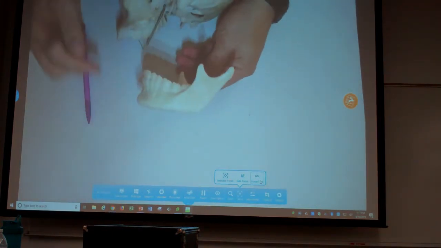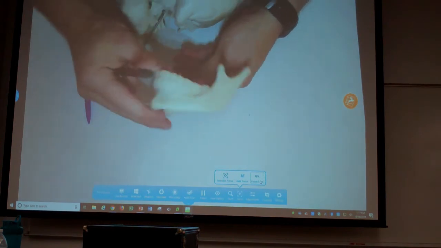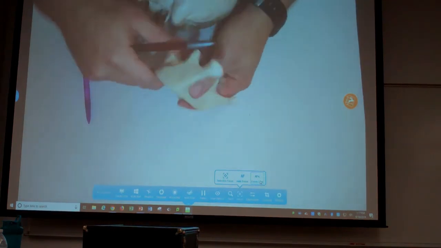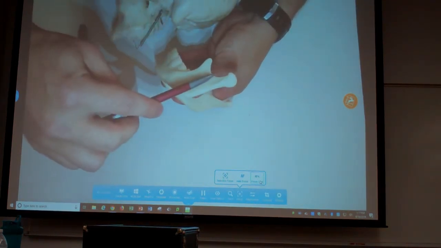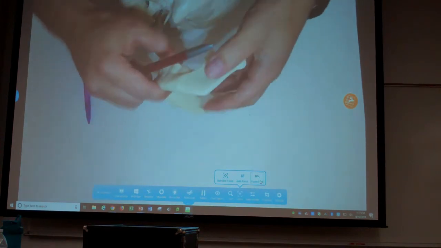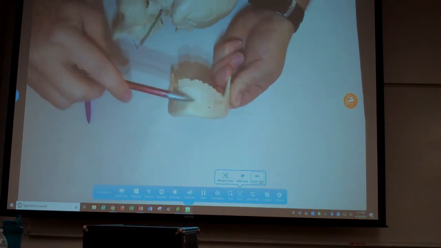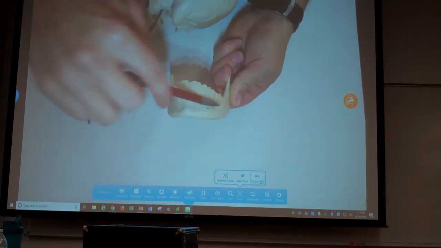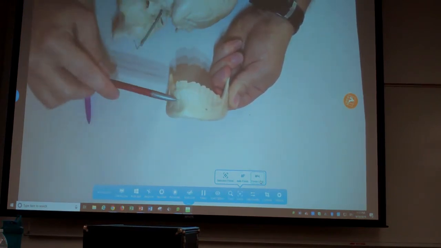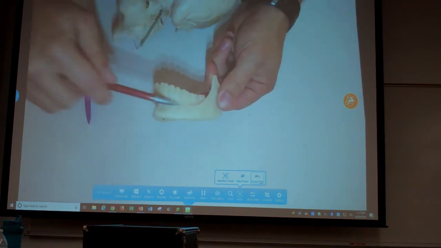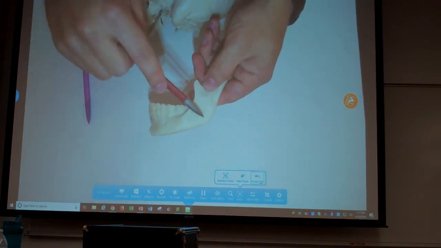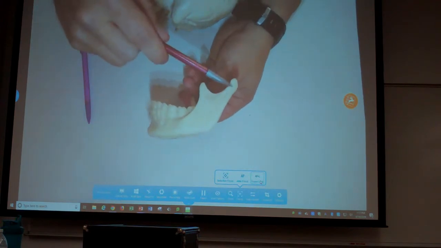Now if I take my jaw off, these are kind of like two arms here. Here and here, they're like arms. So if we have arms, we must have a body. So this part is the body of our mandible. So we've got body, angle, and then we've got ramus.